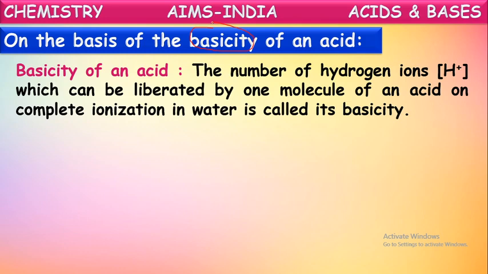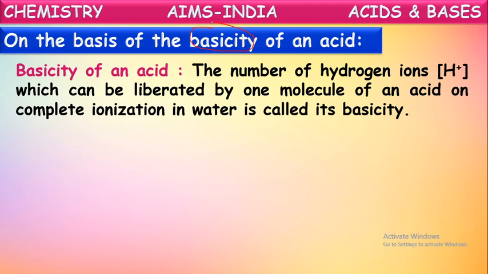For example, if you take hydrogen chloride, HCl acid, when you dissolve this hydrochloric acid into water, that splits into H+ ion and Cl- ion. Here, one molecule of hydrogen chloride is producing one H+ ion.